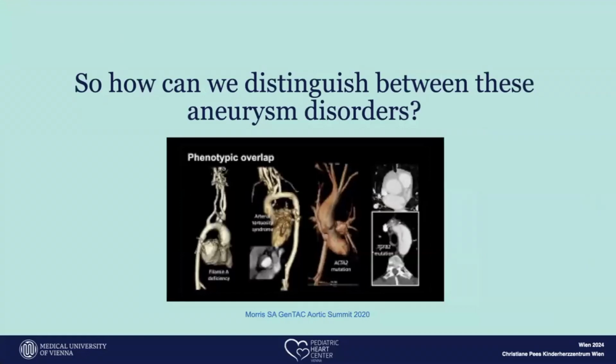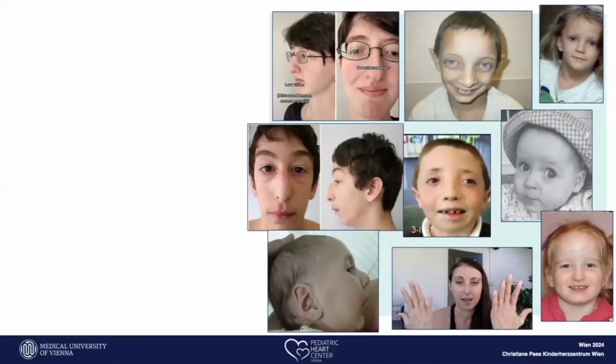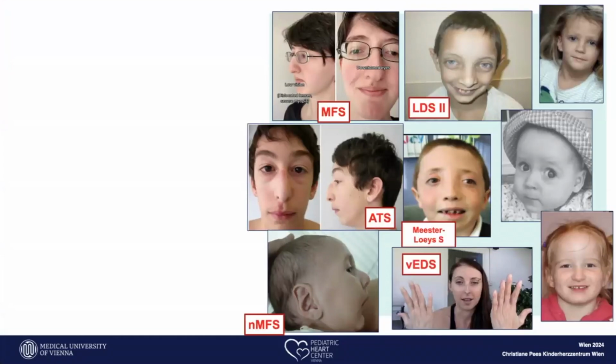So how can we distinguish between these aneurysm disorders? First of all, we can focus on the syndromic problems. We have the facial appearance, and you see here we have the long, thin face in Marfan syndrome, but as well in arterial tortuosity syndrome and in vascular Ehlers-Danlos syndrome. And we have the hypertelorism in Loeys-Dietz, but we can see it as well in Mees-Loeys patients as well as in microduplication 7q11.